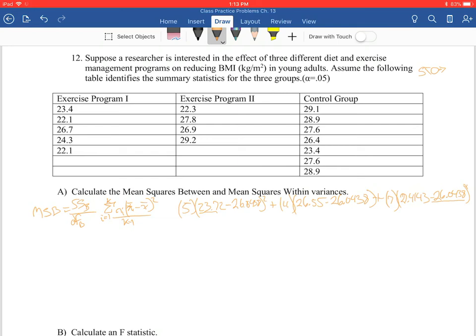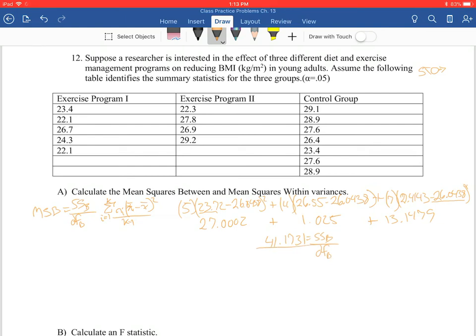Okay, so going back here, once you subtract, square, and multiply out, you're going to get 27.0002 plus 1.025 plus 13.1479. When you add all those up, you'll get 41.1731. Remember, that is your sum of squares between.